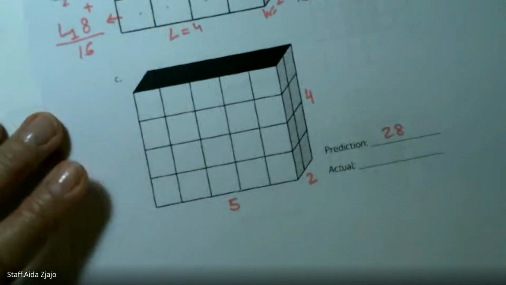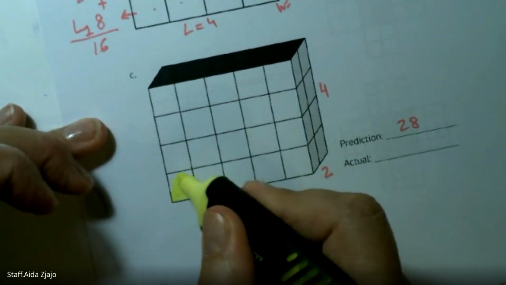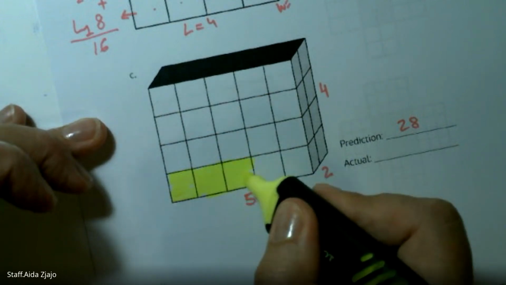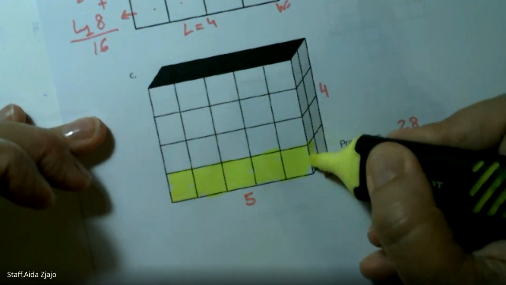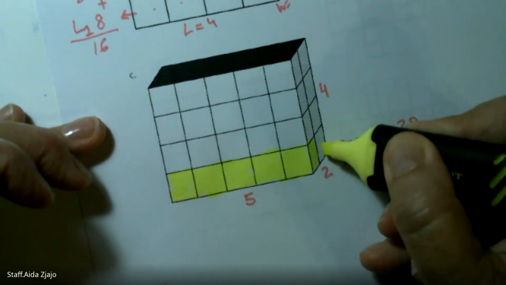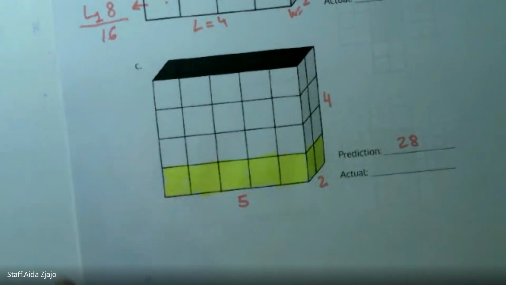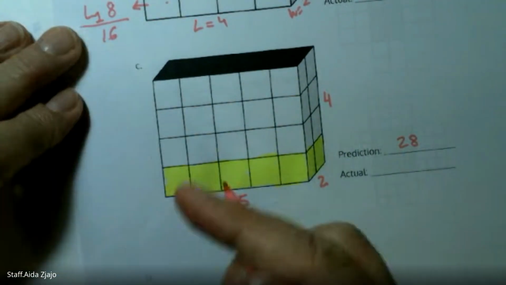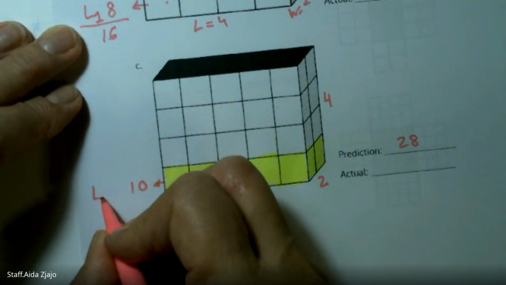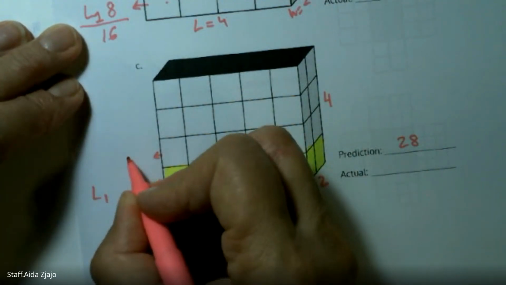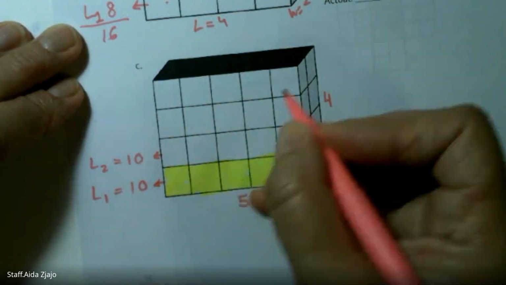So if we find what the base is, 1, 2, 3, 4, 5 cubes in one row, but then we have another row behind, which will make 10. So the bottom is 10 cubes. So one layer is 10 cubes, layer 1, but then we have a layer 2 again, that is 10 cubes.